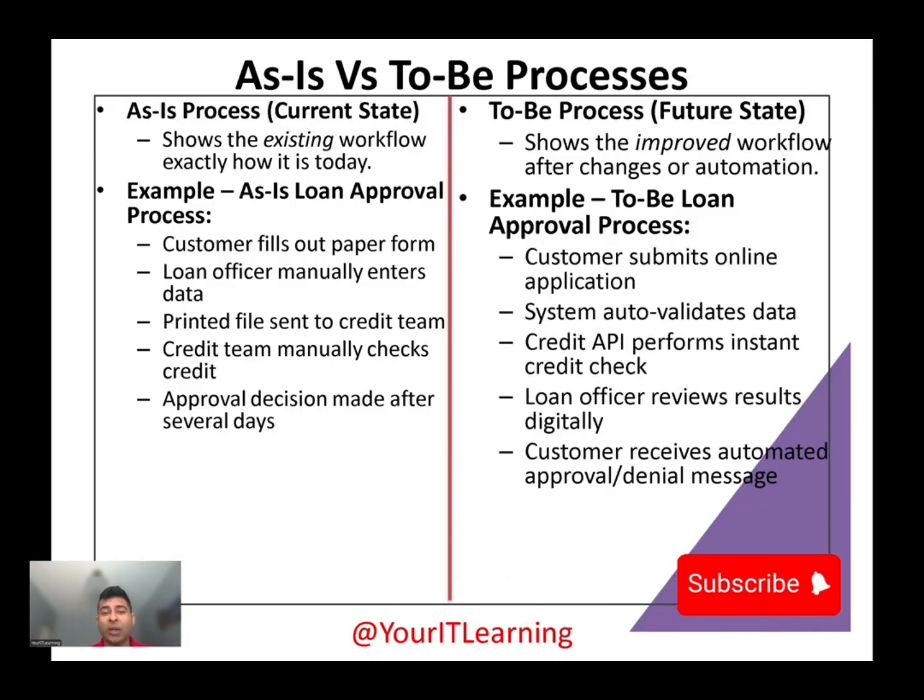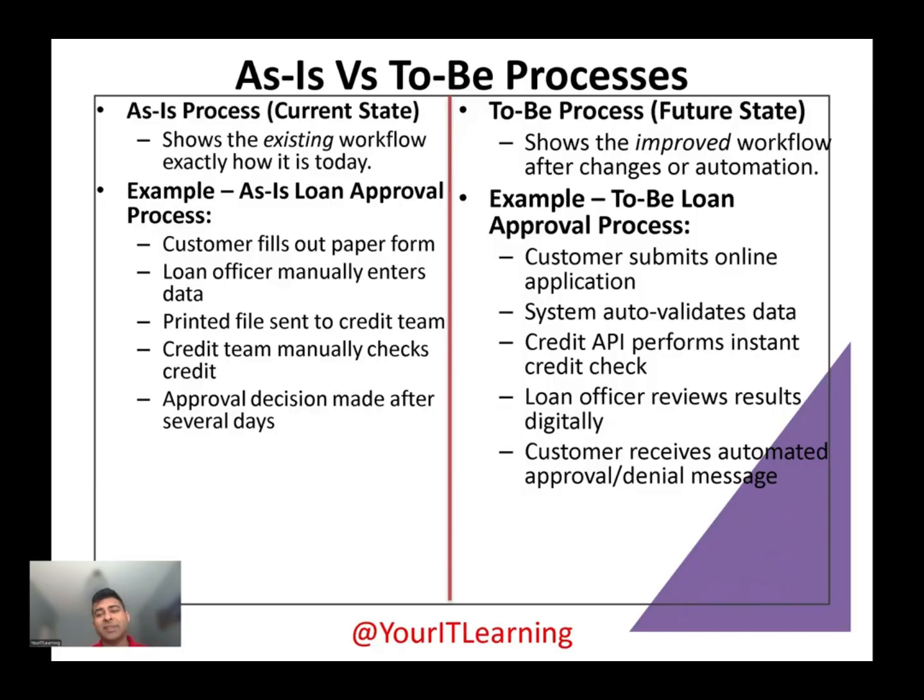Customers submit an online application. So see the changes: before, the customer was filling out a paper form; now the customer is filling out an online application. The system auto-validates data. In the as-is case, the loan officer was manually entering the data and then analyzing it, and a printed file was sent to the credit team.